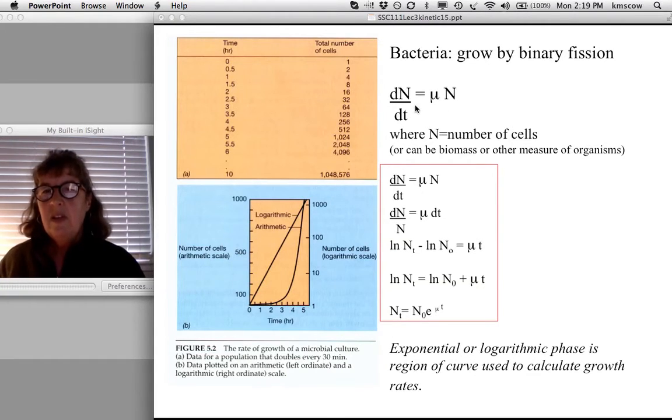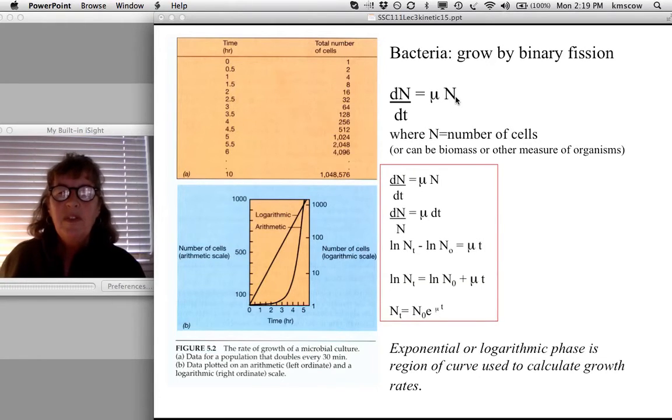And this relationship is shown by this equation, dN/dt, where N is the number of cells, but remember it can be other things, equals mu, the growth rate constant for that particular organism, times the number of cells.